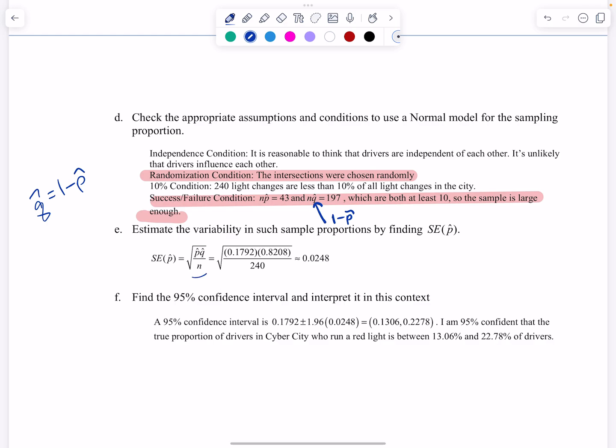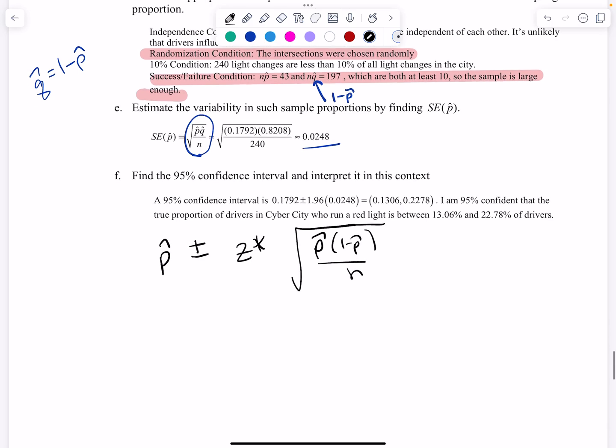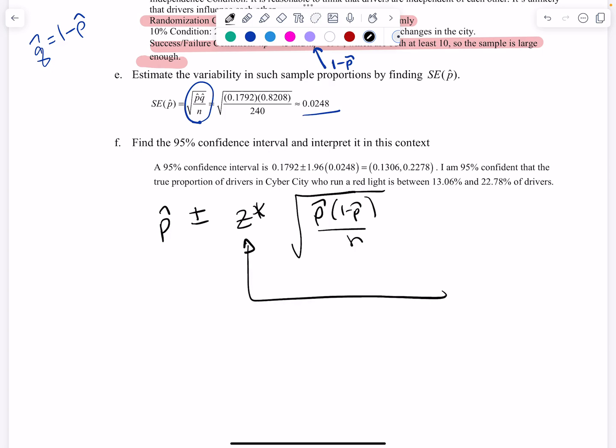Sampling variability, just do your standard error, just find that. And then the 95% confidence, remember the confidence interval is p hat plus or minus z star times the square root of p hat times 1 minus p hat over n. And remember, to get z star, it's going to be inverse normal, which is menu, stat, distribution, inverse norm.